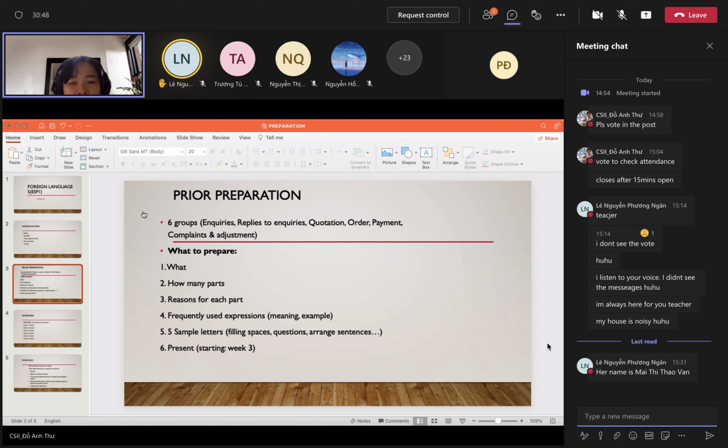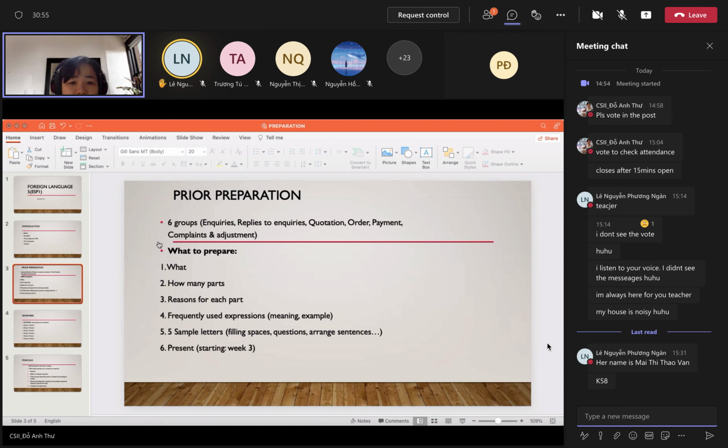Because sometimes, if you enter a class using the code, you don't need to ask for anybody's permission. But if you use the link, you have to ask for the request, the teacher's or the owner's request. According to what I can see here, Mai Thị Thảo Vân, right? Okay, I see her request.